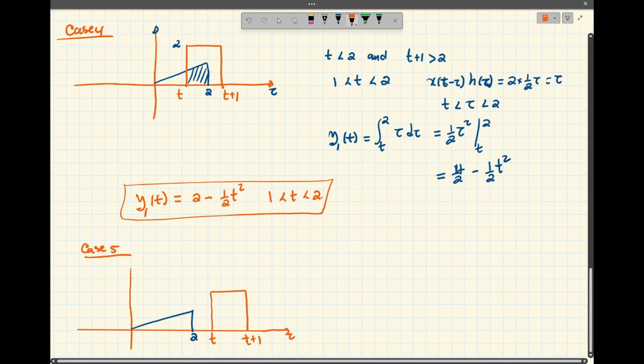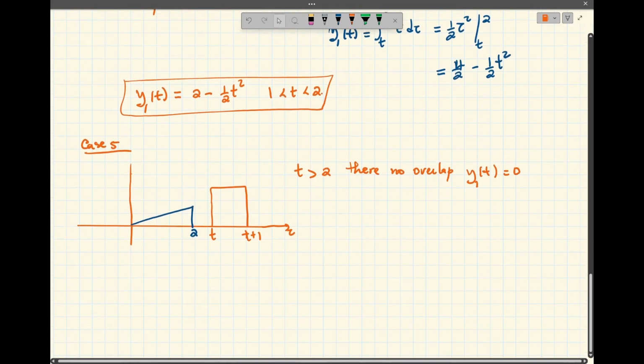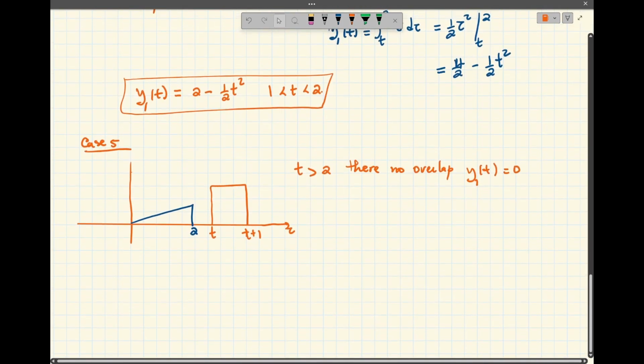So in that case, when t is bigger than 2, there is no overlap. So y1 of t is equal to 0 for this case. So let's put it all together.